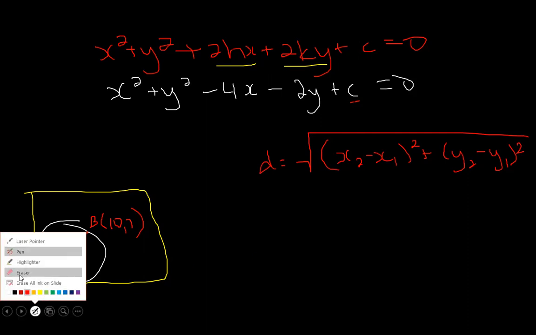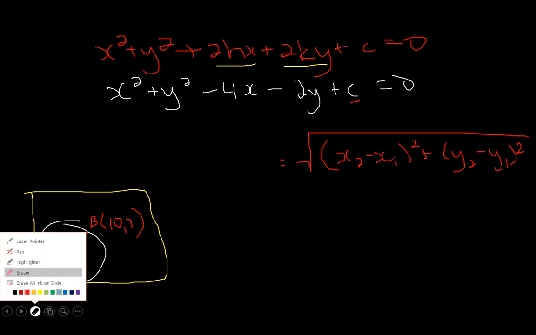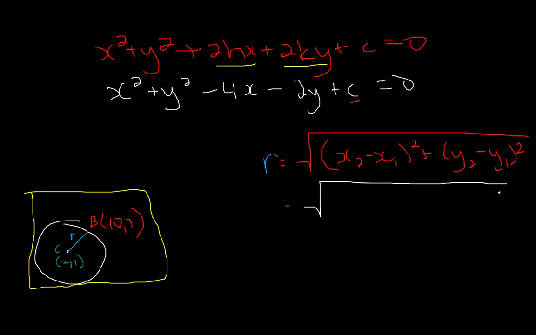So now I can replace this d with r, because that's what I'm trying to find, the length of r. And what to do now is substitute the values. I want B to be x2 and y2 and C to be x1 and y1.